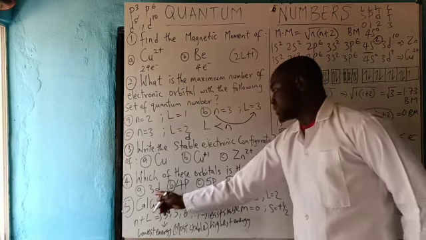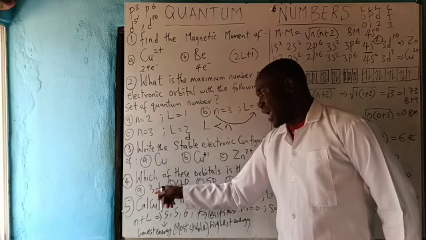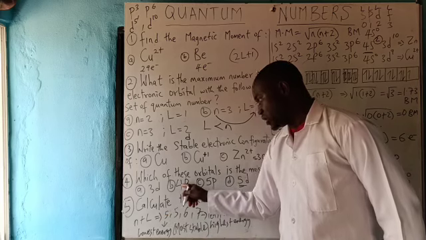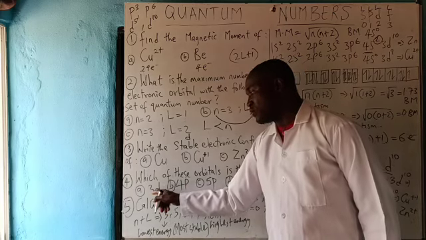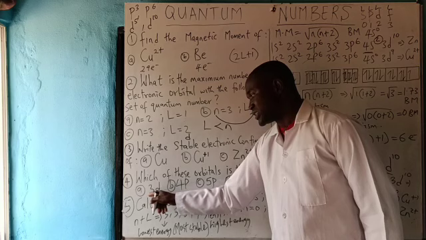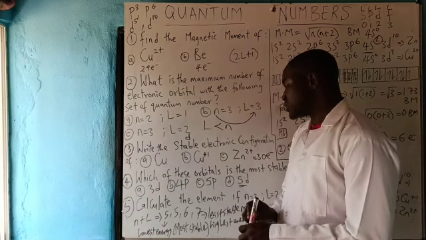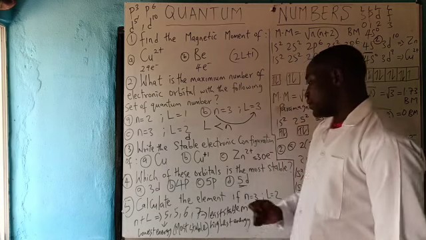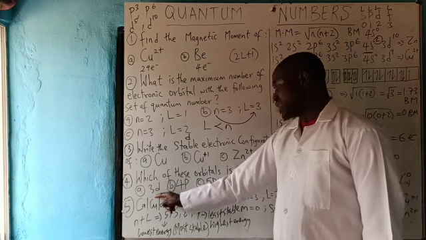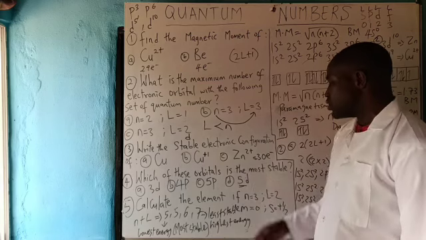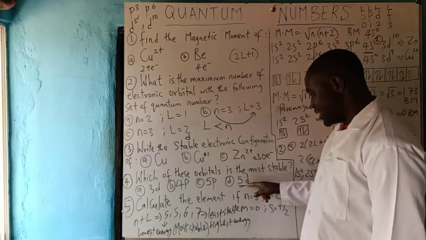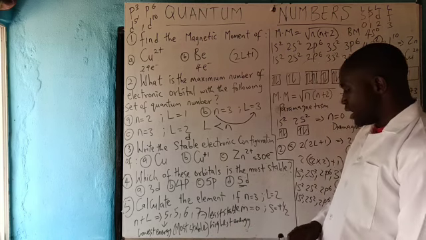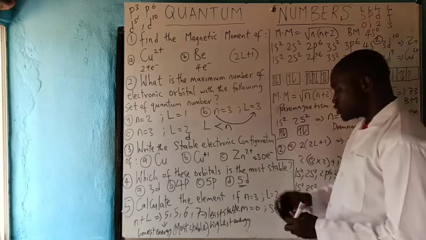So this is most stable because it has the least energy. The energy value is 5. This one's energy is 5 too, but because this 3 is lower than 4, we take it to be the lowest energy. So the lowest energy is 3D, and because it's lowest energy, we say it is the most stable. This one, the highest energy, we call the least stable. So have them in mind as you watch it.